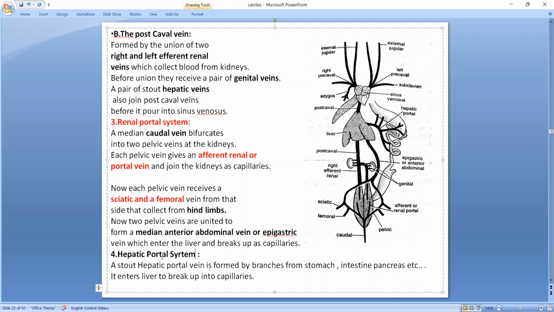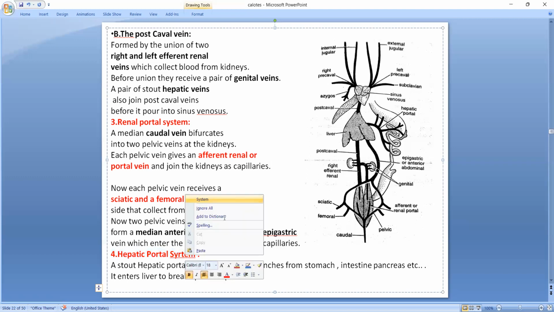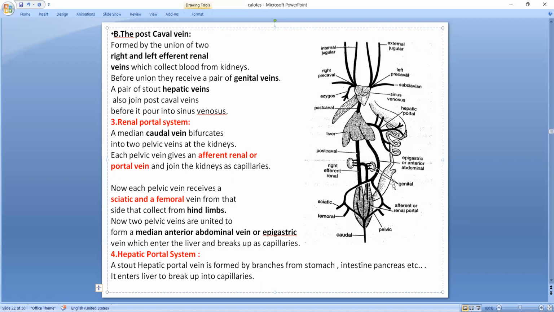Right. So the hepatic portal system includes a single major vein that ultimately collects blood from the alimentary canal. That hepatic portal vein, which collects blood from the alimentary canal, forms the hepatic portal system.